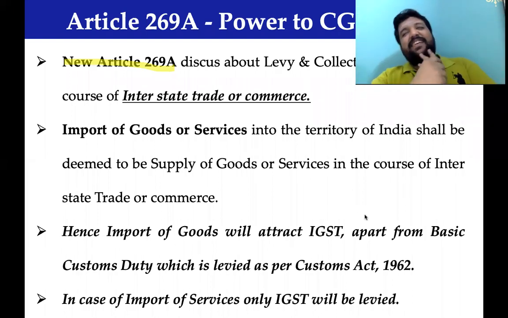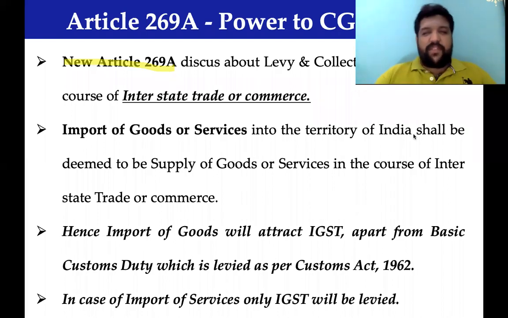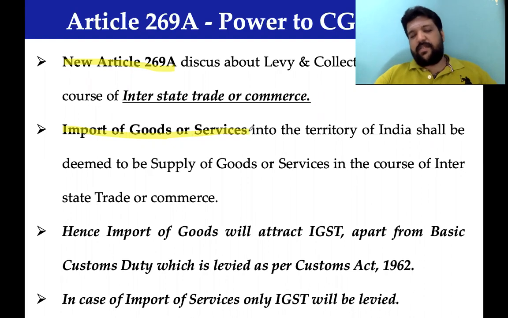Good. Now, law makes a deeming fiction. Let me repeat. Law makes a deeming fiction. In fact, Article 269A is only for that. Any import of goods or services into the territory of India shall be deemed to be a supply of goods or services in the course of interstate trade or commerce.